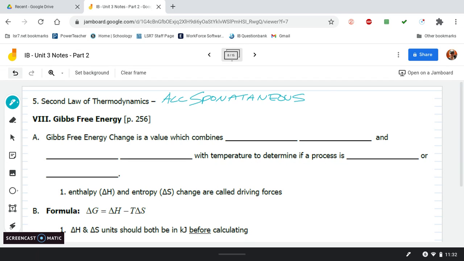So all spontaneous or natural processes increase the entropy of the universe, which is kind of a big time definition.